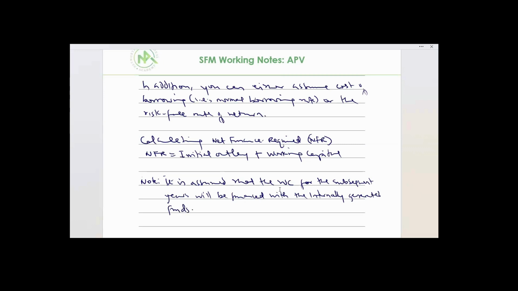Okay, so this working capital, of course, you are going to receive at the beginning of the project. So you add it to the year zero initial outlay. So it means that going forward, whatever cash flow the project generates is what you are going to use to finance your working capital. That's generally the assumption. All right then.